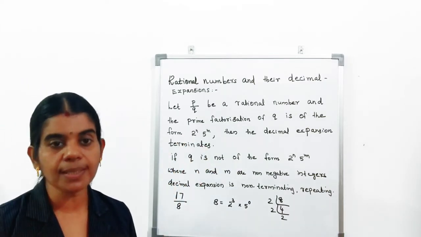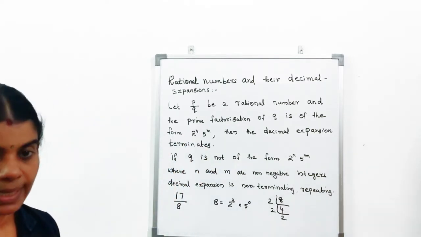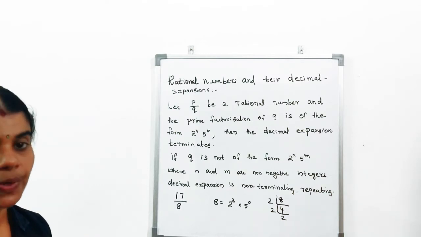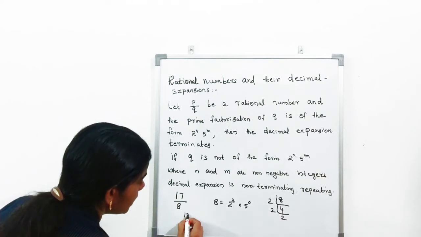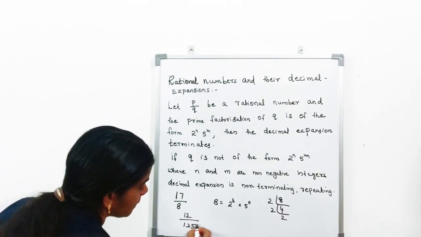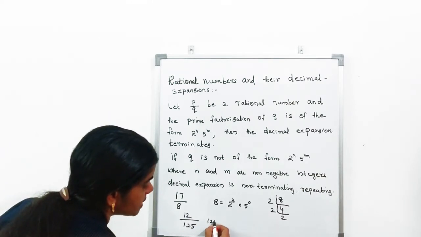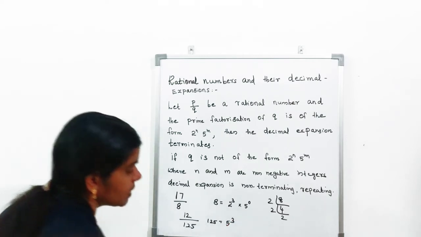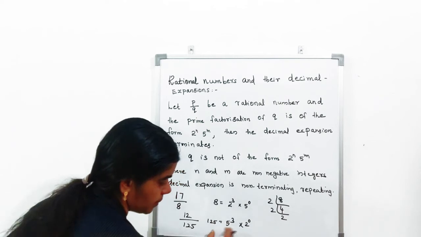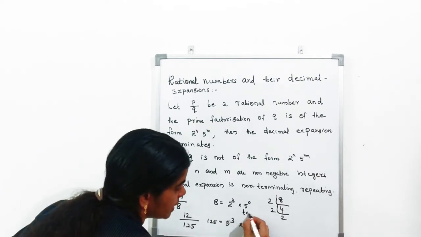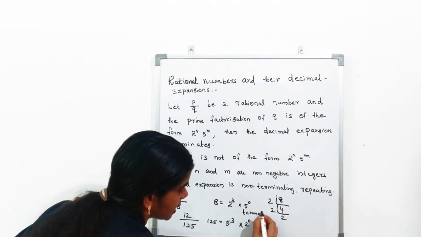Then you can conclude that if you are getting powers of 2 only or powers of 5 only, suppose I am writing here 12 by 125. Here 125 means you will get 5 cube. Then here you can write this also with 2 raised to 0. Then this is also terminating.